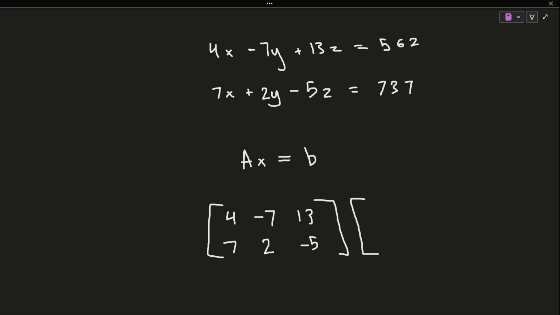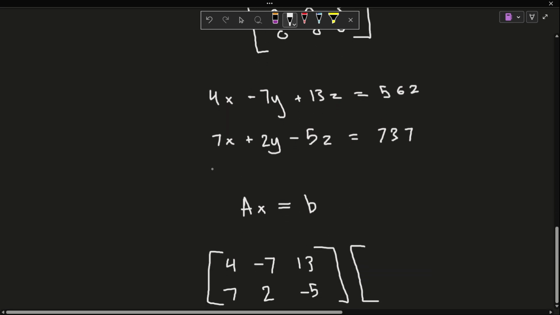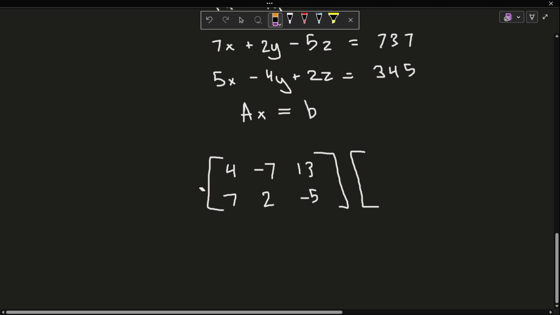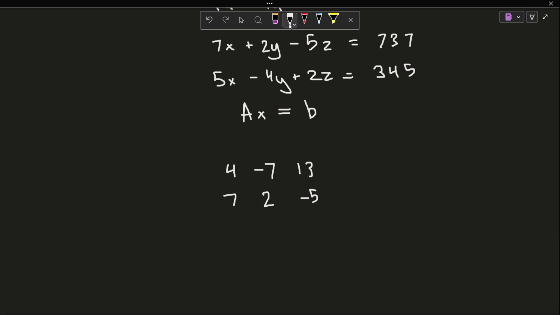Wait, apologies, you need another equation in this, because there would be infinite solutions if you didn't, because you have 3 variables. So I'm just going to say 5x minus 4y plus 2z equals 345.